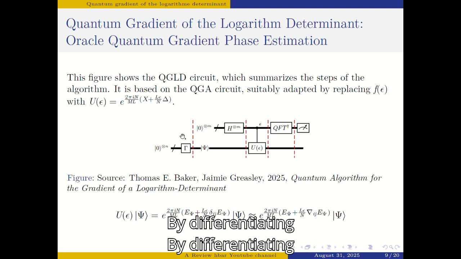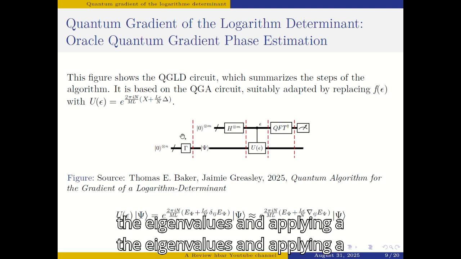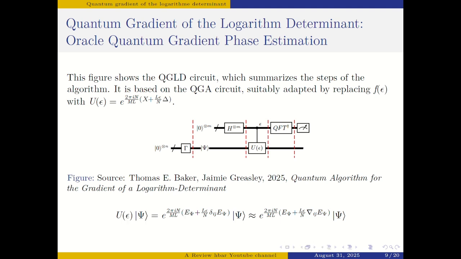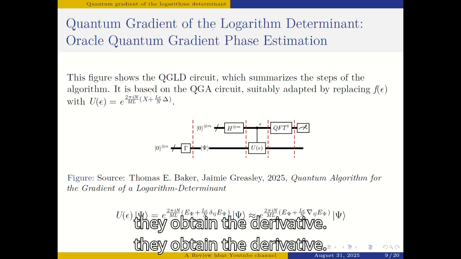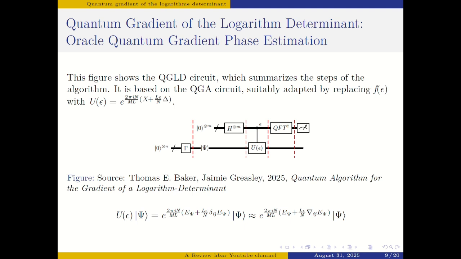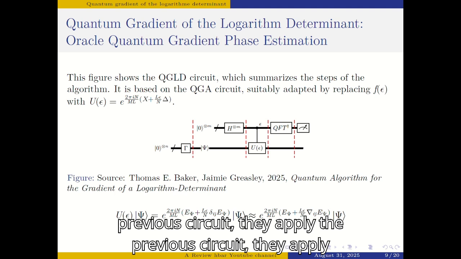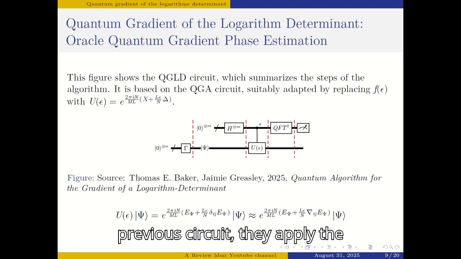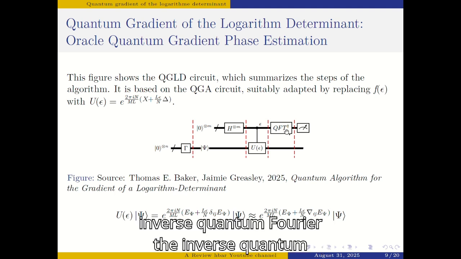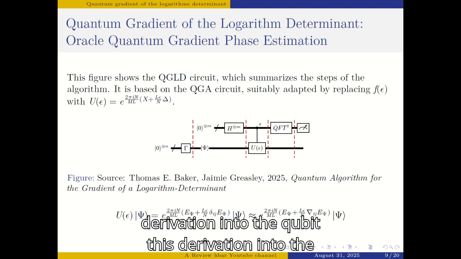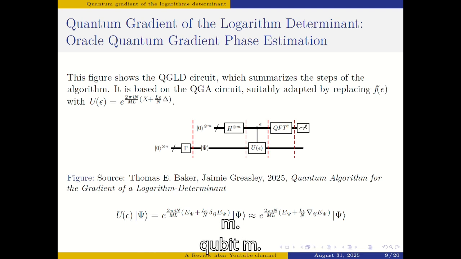By differentiating the eigenvalues and applying a first-order series expansion, they obtain the derivative. Finally, just as in the previous circuit, they apply the inverse quantum Fourier transform to encode this derivation into the qubit M.